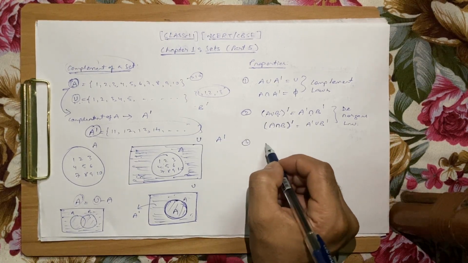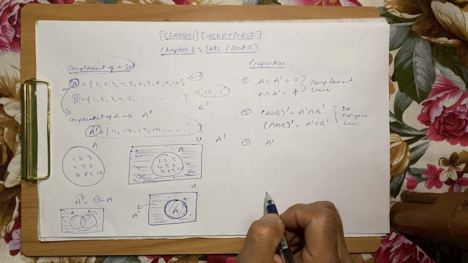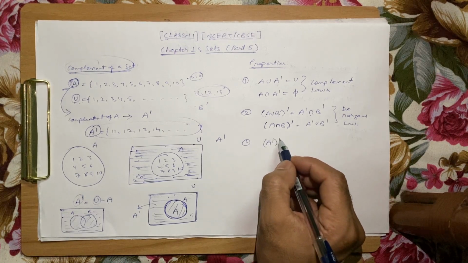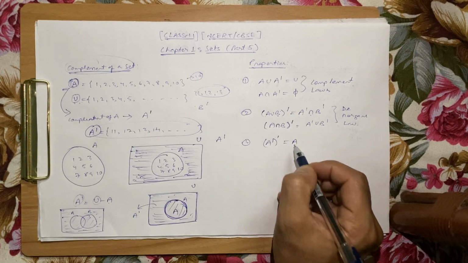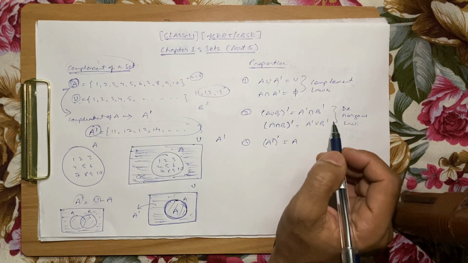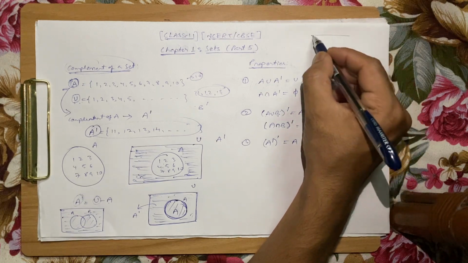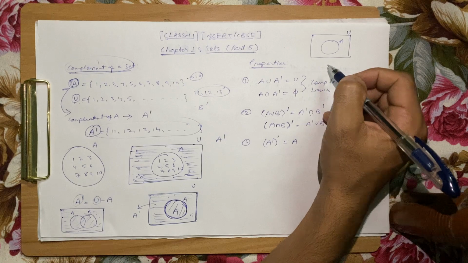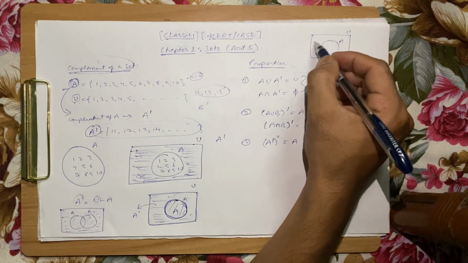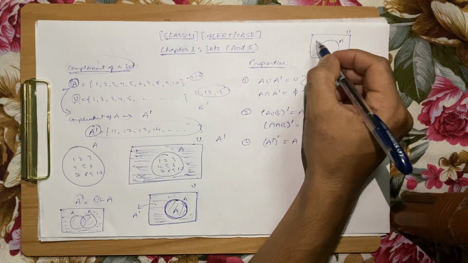Now the third one: A dash means one complement, and when you do the complement once again, you'll get back A itself. Now how can you prove this? Just see here. If this is A and this is the universal set, then A dash means the outside part, right? Only the outside part, not the circle.